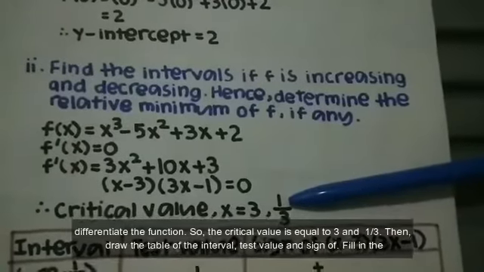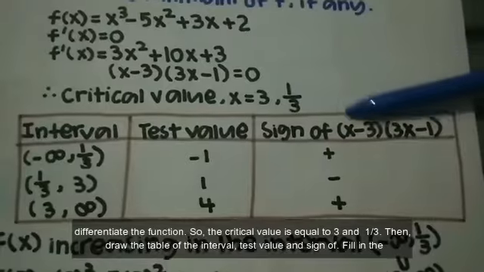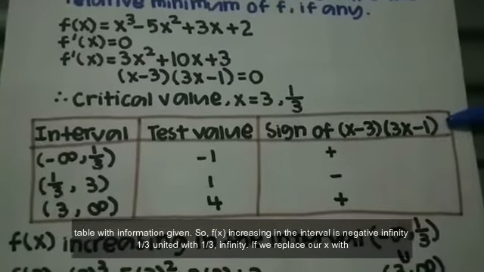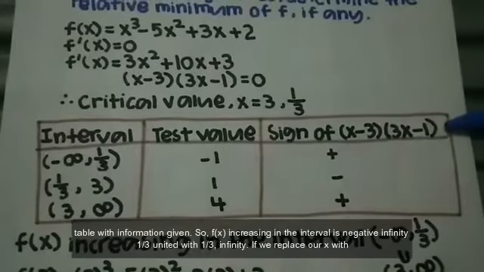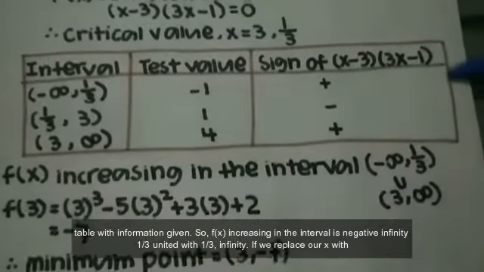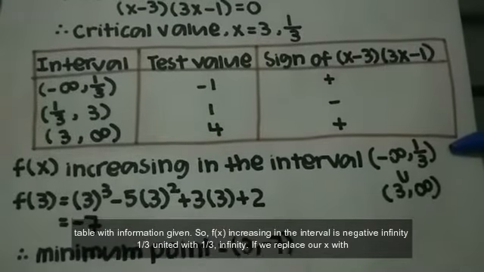Then, draw the table of interval, test value, and sign. We need to fill in the table with the information given. So, f(x) is increasing in the interval negative infinity to 1/3 united with 3 to infinity.